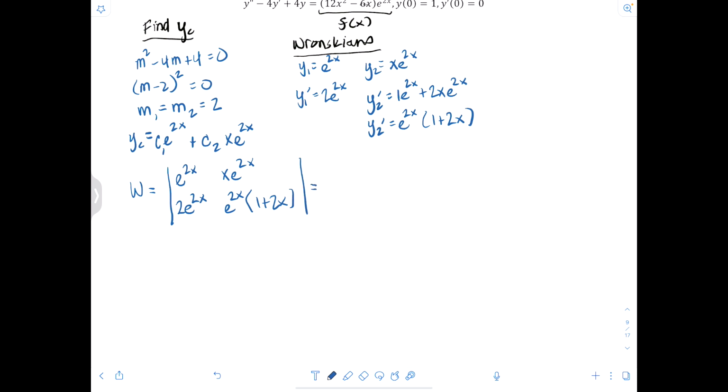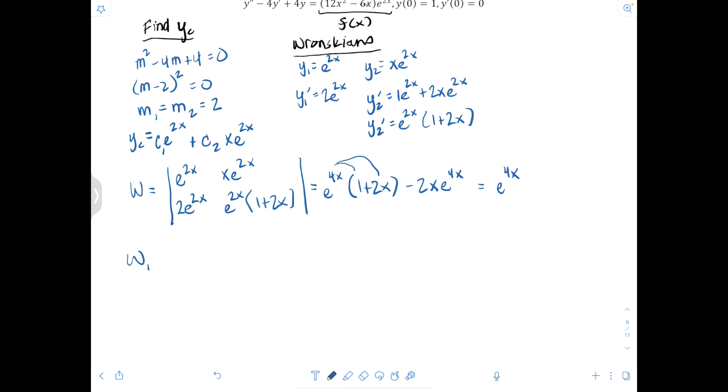And that will be e to the 4x times quantity 1 plus 2x, and then minus 2x e to the 4x. So notice that you'll have a positive 2x e to the 4x and a negative 2x e to the 4x. So they will zero out, and we will just have remaining e to the 4x.